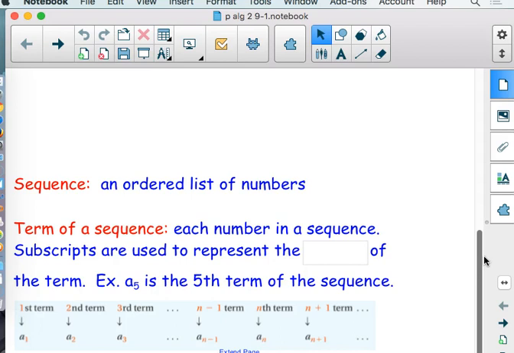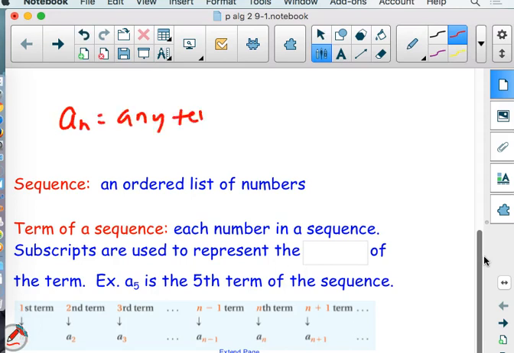We have to use subscripts for that. This means any term. The n kind of stands for put whatever you want in here, while this means the first term. What do you suppose this means? The second term.